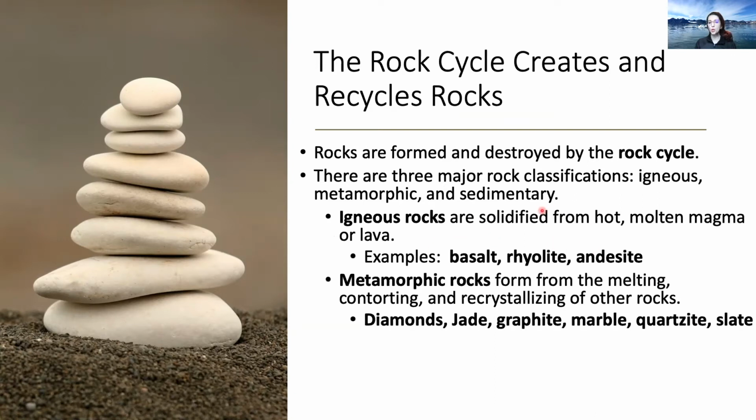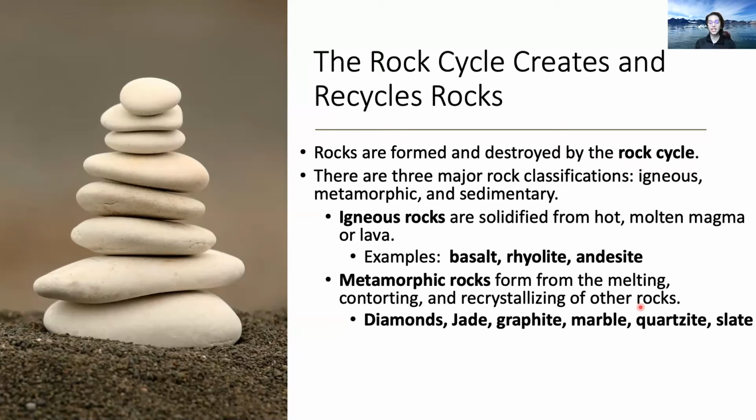Next, we have metamorphic rocks, and metamorphic rocks could either be metamorphosed rocks that were sedimentary to begin with, they could have been igneous to begin with, or they could have been other metamorphic rocks. But these rocks form from the melting, contorting, and recrystallization of other rocks. This happens largely deep within the earth, where it's really, really hot and full of pressure.